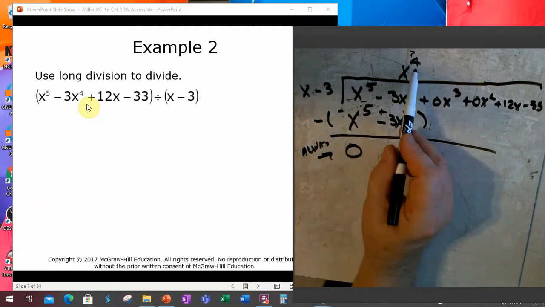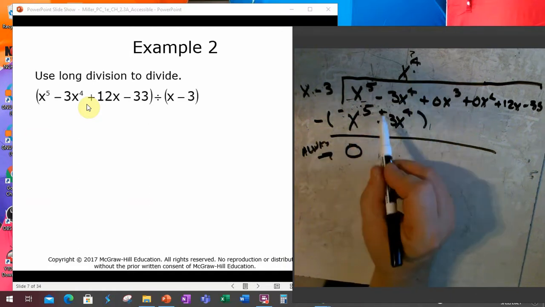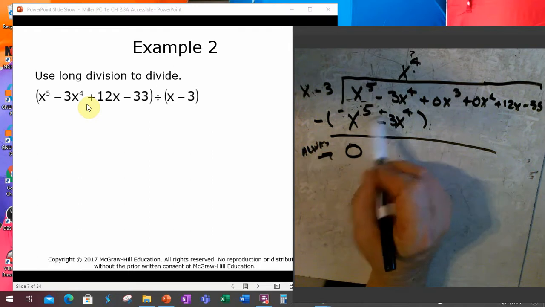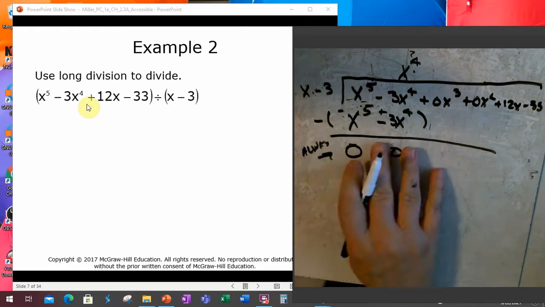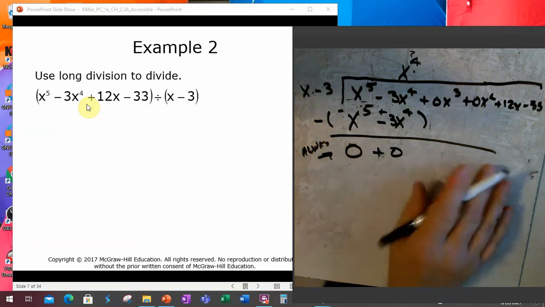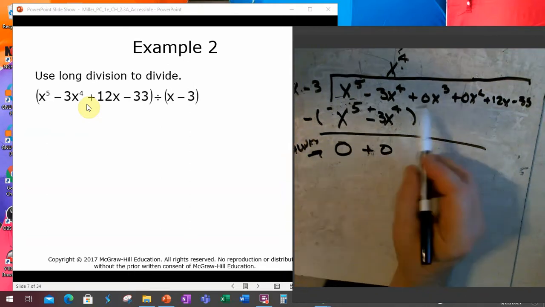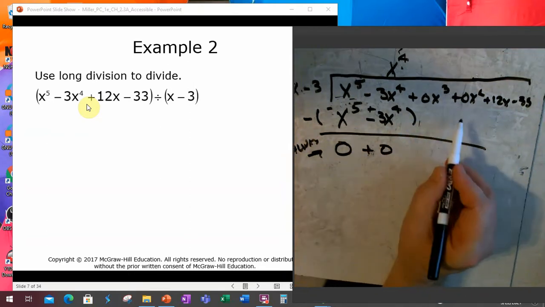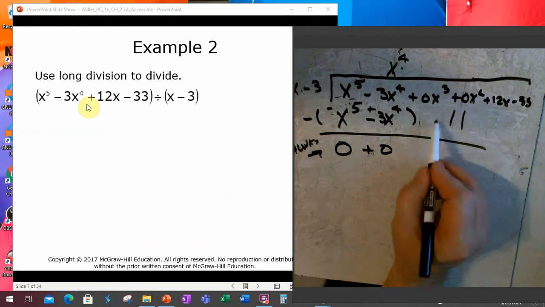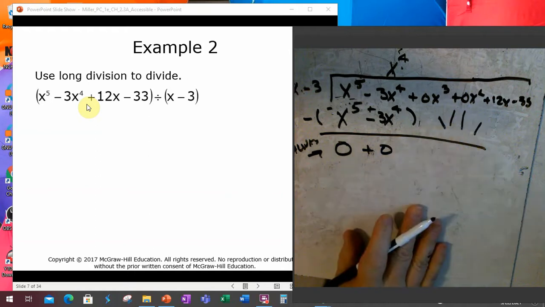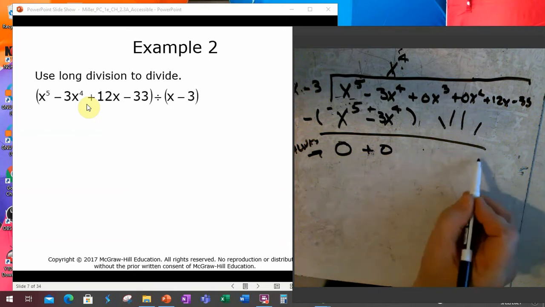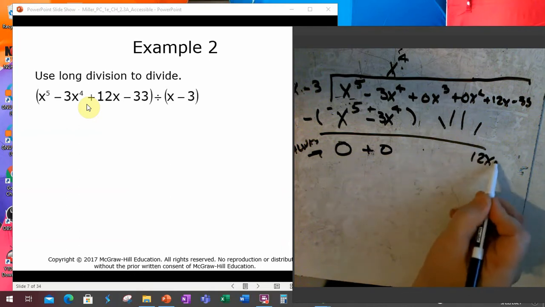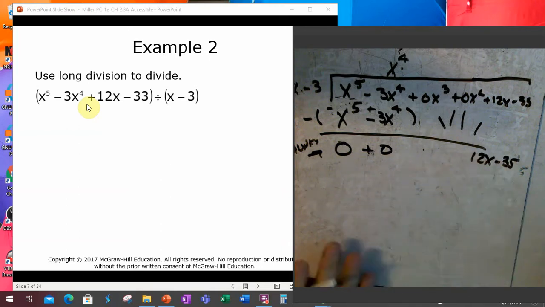Then finish it out: this is minus 3x to the fourth, plus because of the negative and a negative. In this case, it turns out to 0. You just do whatever it does, then bring that down: the 0x cubed, 0x squared. In this case, I'm just left with 12x minus 35.